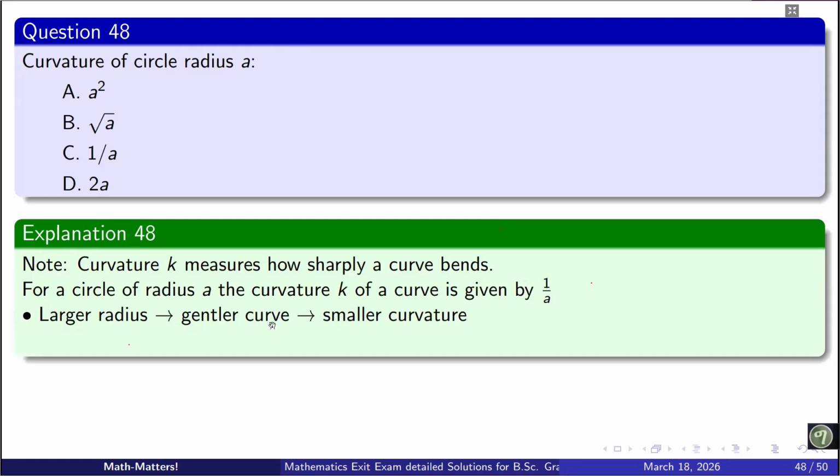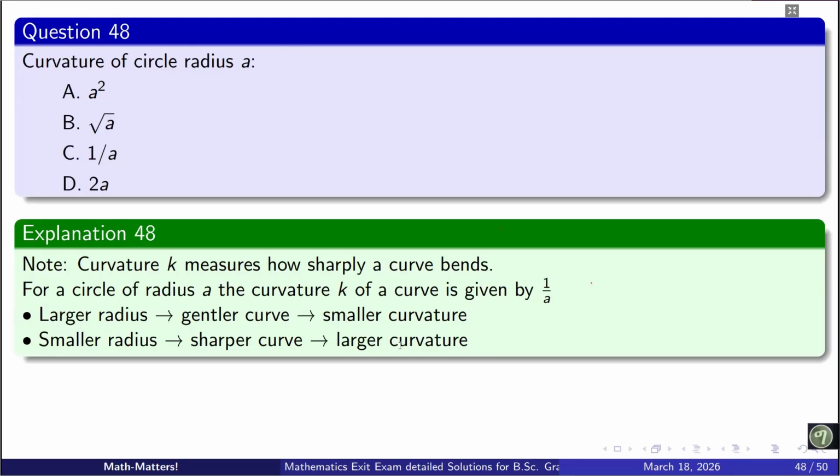So generally, it is a curve with small curvature. But when the radius of the given circle is very small, the curvedness of the circle could be sharper, and the magnitude of the curvature could be very large.